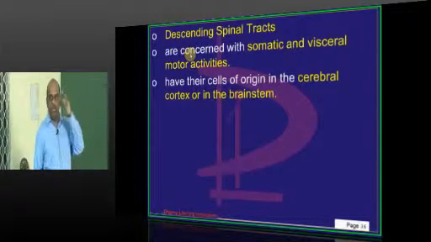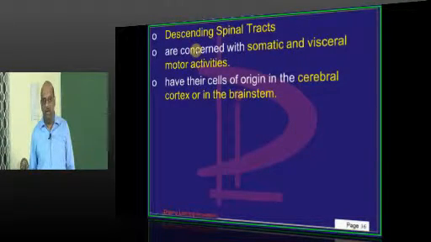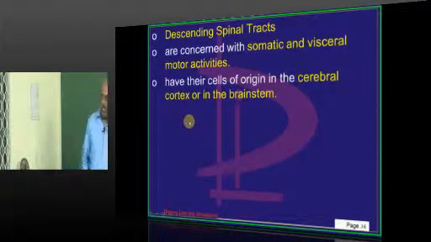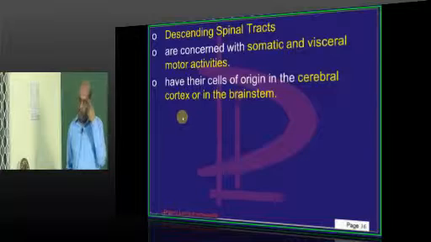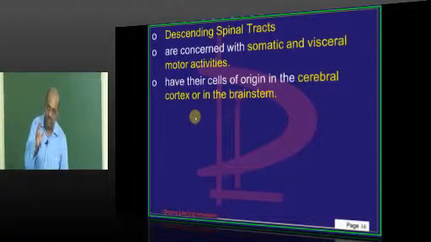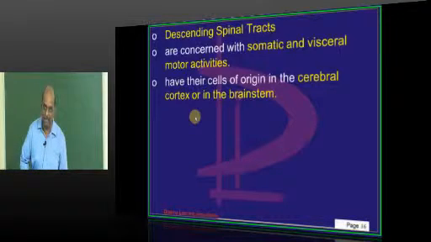They're all controlled volitionally by our motor cortex. So in the cerebral cortex, we have the motor area which has the cells. From there the corticospinal tract is coming.